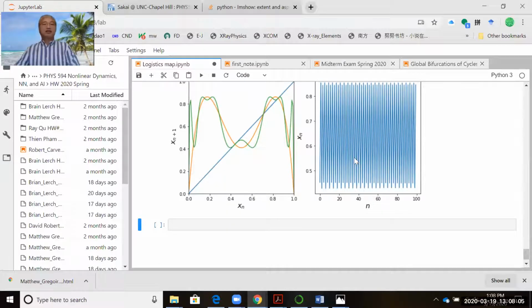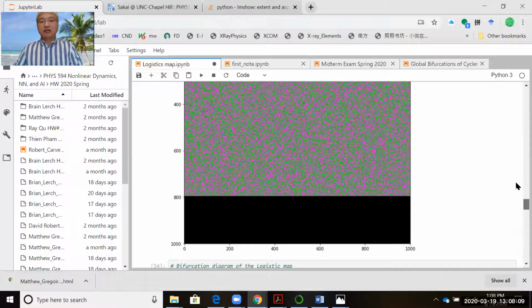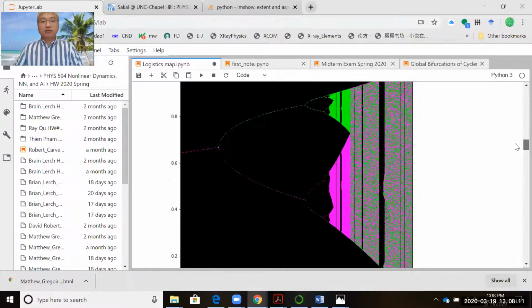If you look at the bifurcation diagram, it just keeps going. You get period doubling again, and doubling again.